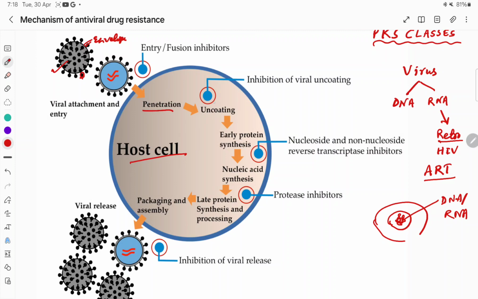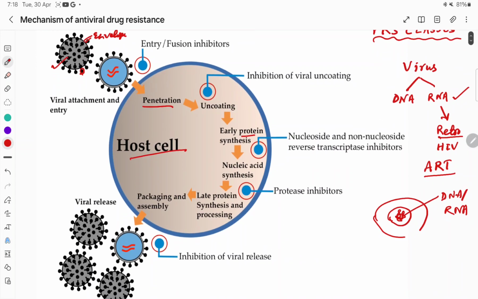Uncoating occurs so that the nucleic acid, either DNA or RNA, is released. Suppose it is a DNA virus, then from the DNA, by transcription, messenger RNA is formed, then protein synthesis occurs. If it is RNA, then directly RNA to protein synthesis occurs.